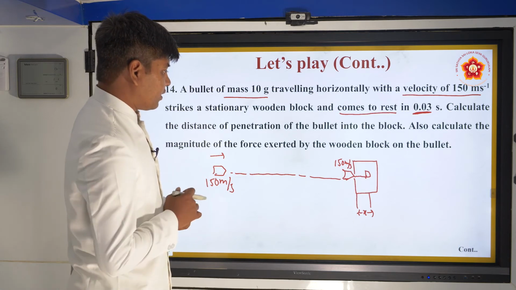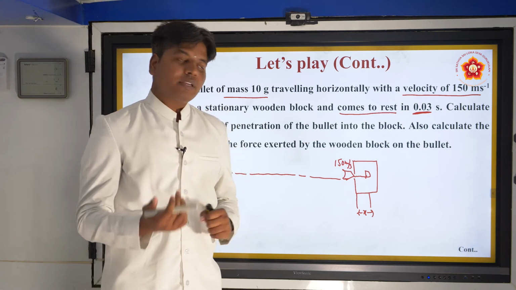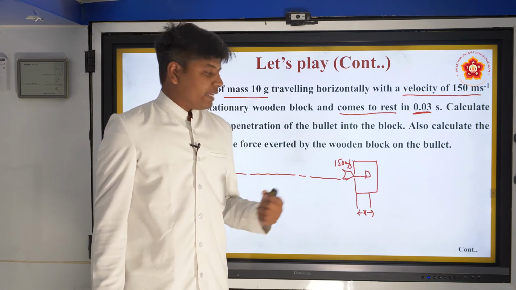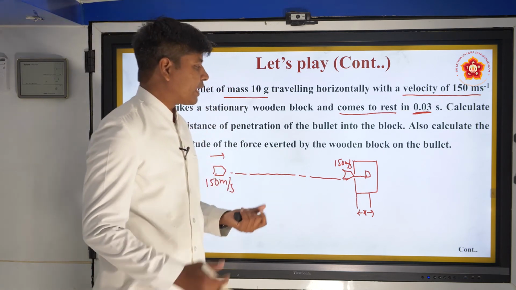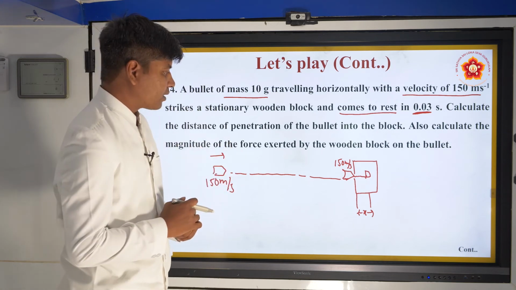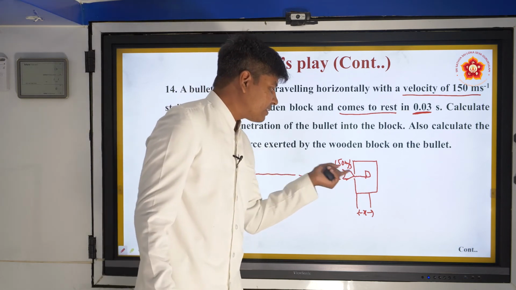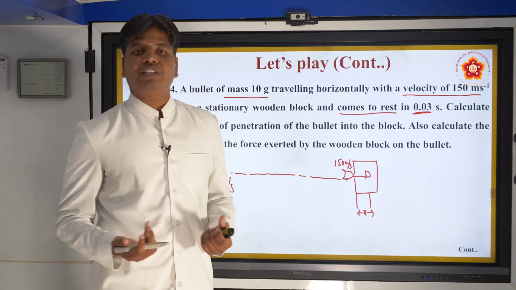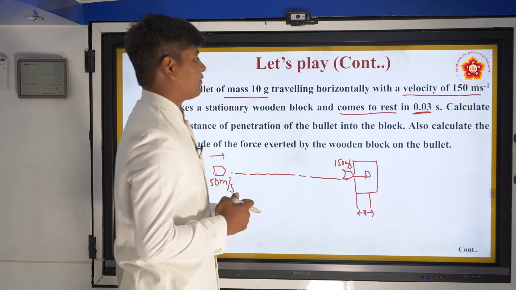In order to calculate, we need to find the acceleration. Here it is deceleration because the velocity is decreasing. Is the deceleration uniform here? We are assuming the deceleration is uniform. In the practical world, it is not uniform. When you assume a constant deceleration inside the block, we can easily apply the equations of motion. So let us calculate the deceleration first.